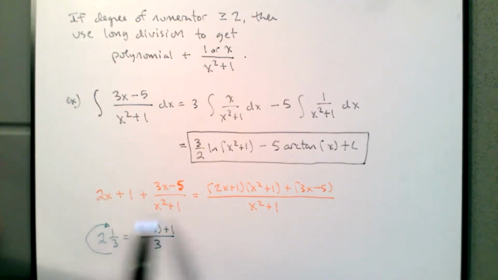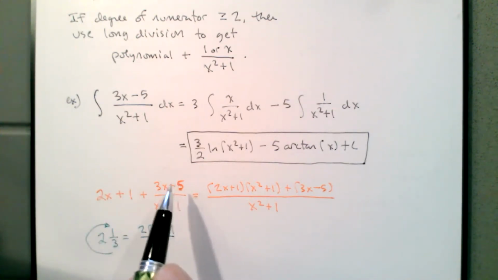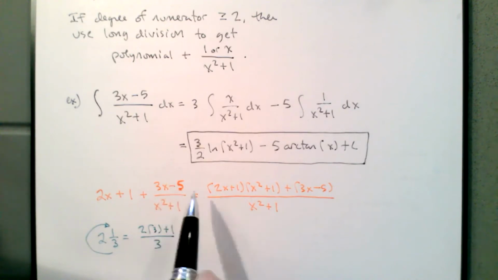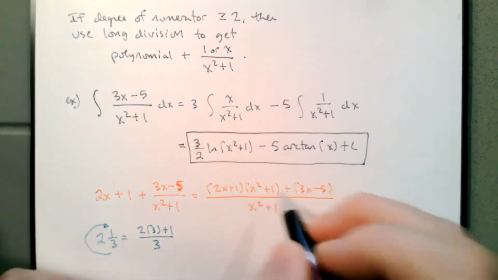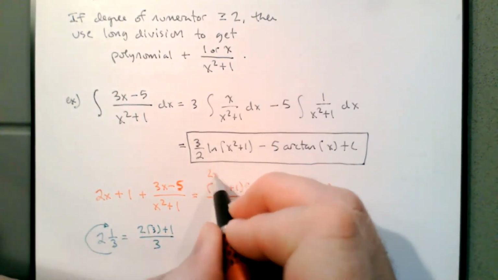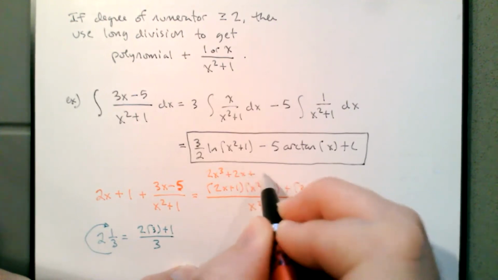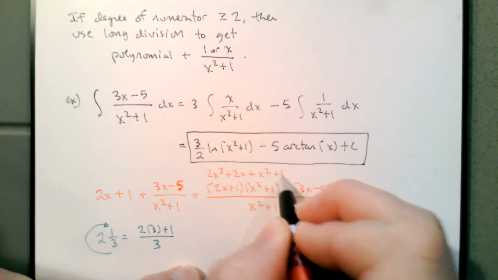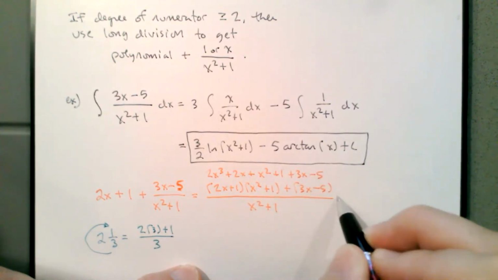x squared plus 1 times 2x plus 1, plus 3x minus 5. Now I'm just going to combine this numerator, and I'll have the problem that I actually hand you. So it's going to have to FOIL here. So I'll have 2x cubed plus 2x plus 1 times x squared plus 1, plus 3x minus 5.